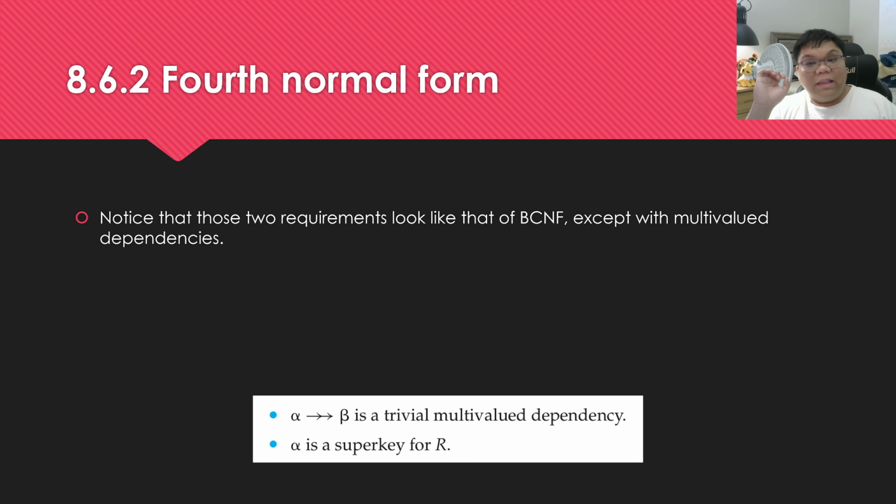Also, note that the textbook defined Boyce-Codd normal form and third normal form in a way that doesn't talk about functional dependencies. And note that the definition for fourth normal form looks like that for BCNF, except we're dealing with multi-valued dependencies.